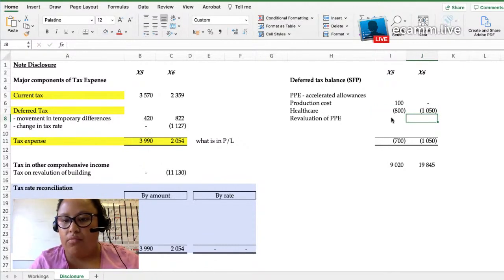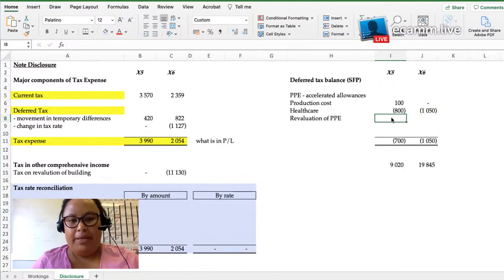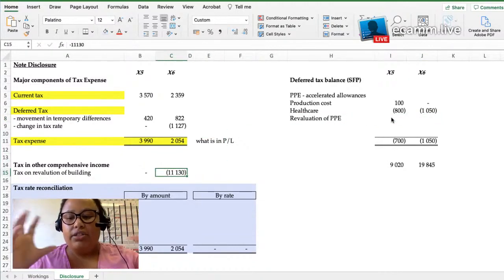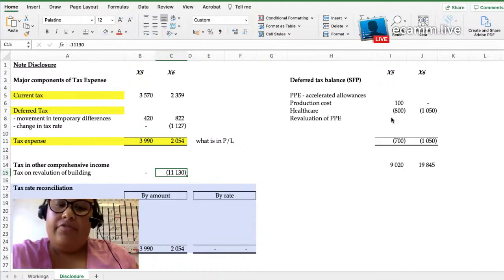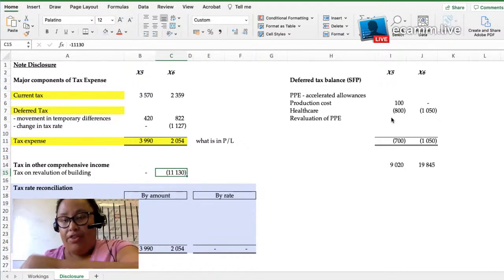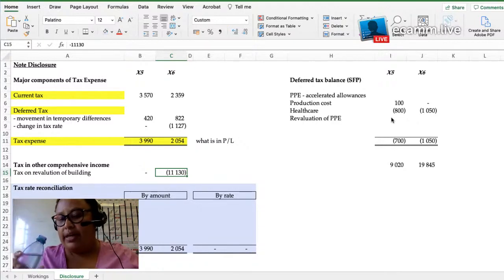Okay. Then revaluation of PPE. Now remember the revaluation of PPE, the total deferred tax that we calculated over there was 11130, and I said that was based on the revaluation gain. Excuse me.